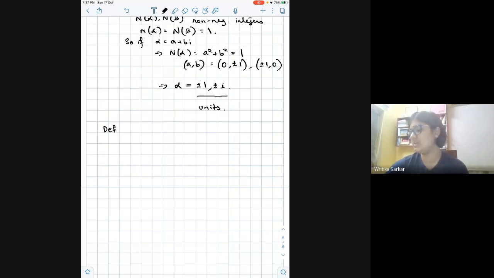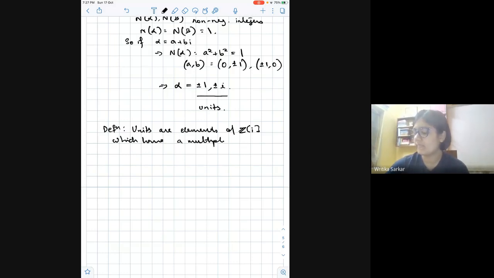So the next definition: units are elements of Zi which have a multiplicative inverse. In Zi they are plus minus 1 and plus minus i.